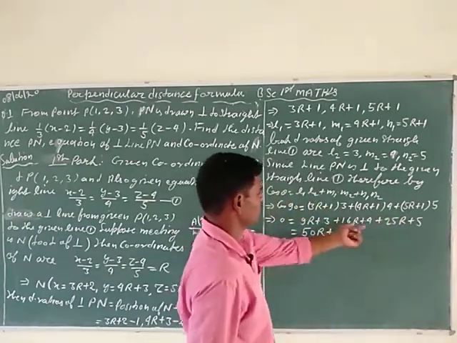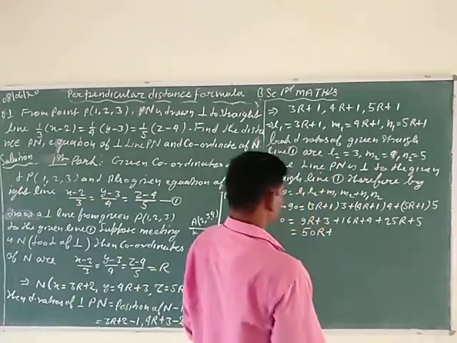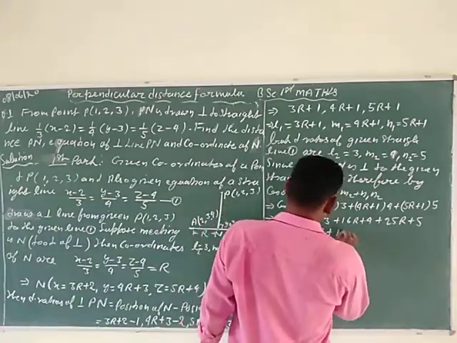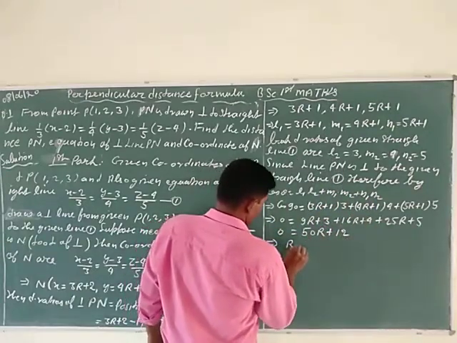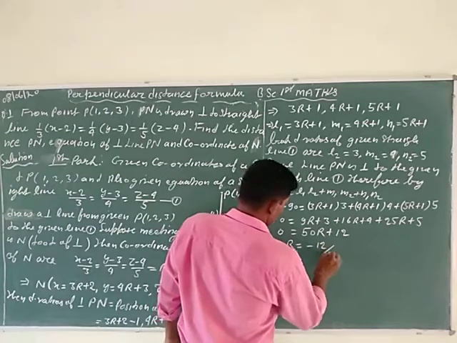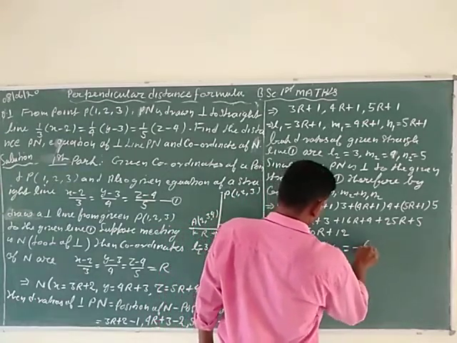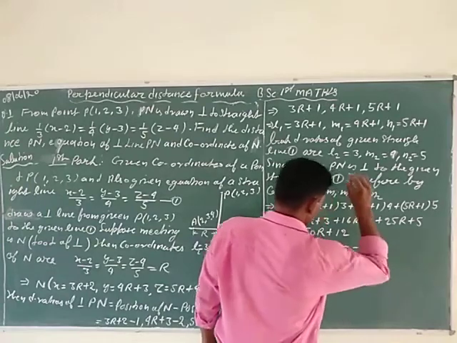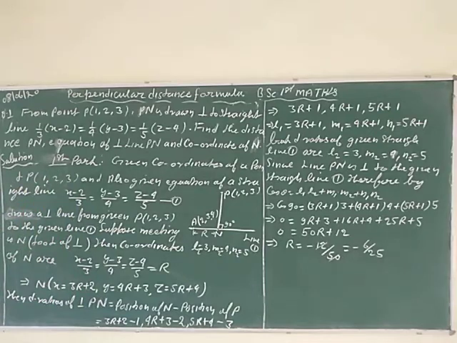Here 3 plus 4 is equal to 7 and 7 plus 5 is equal to 12. So here write 12 is equal to 0. R is equal to minus 12 by 50, cancelled by 2, minus 6 by 25. So the R value is minus 6 by 25.